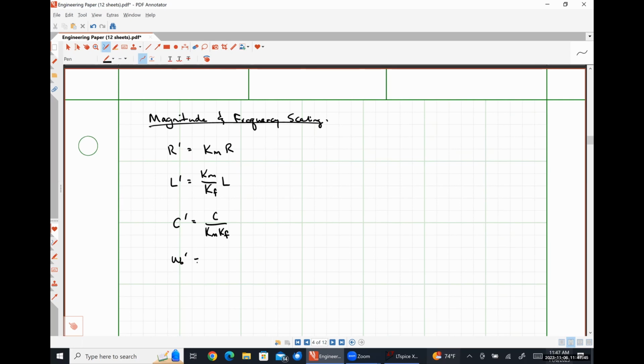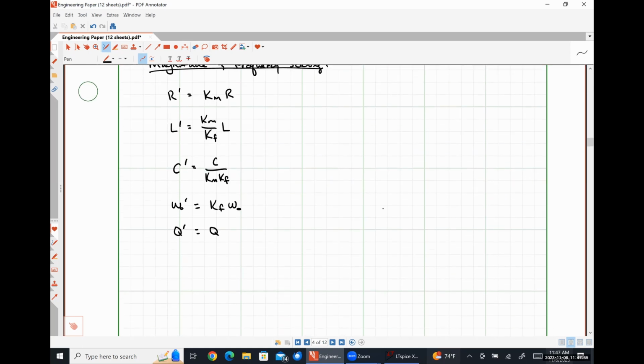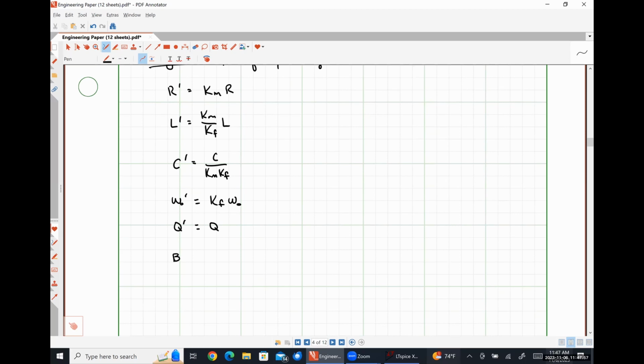Our resonant frequency scales with Kf. Our quality factor doesn't scale at all. And our bandwidth scales with Kf as well.